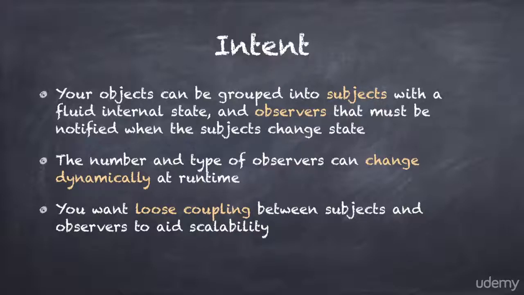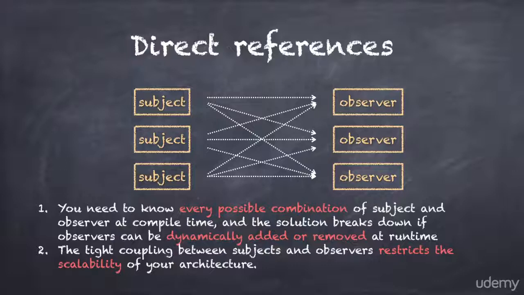The easiest way to do this is by simply referencing the objects directly. Every subject references every observer. Whenever a subject changes, it calls the observers directly to notify them of the state change.